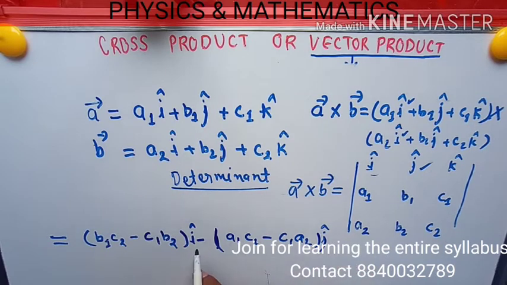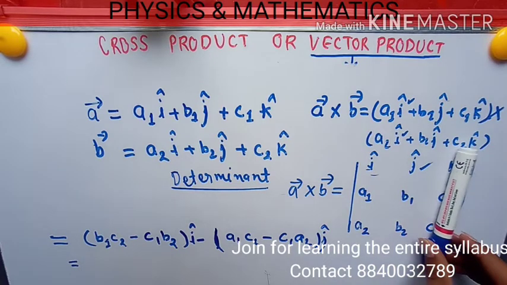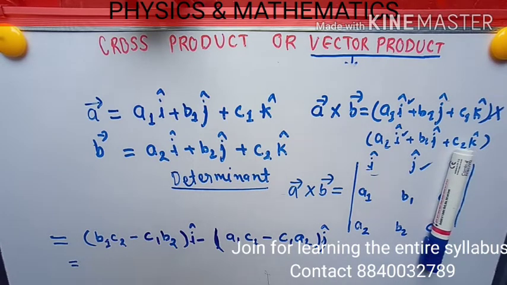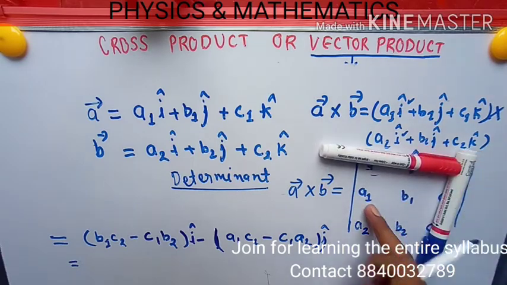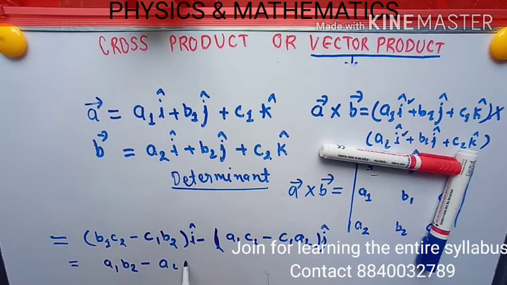These are the directions remaining here. Now the last thing is for the k row. Hide them. What is left? a1 b2 minus b1 a2, multiplication holds the commutative law, and you have to put k after, understand? This is the way we do cross product.